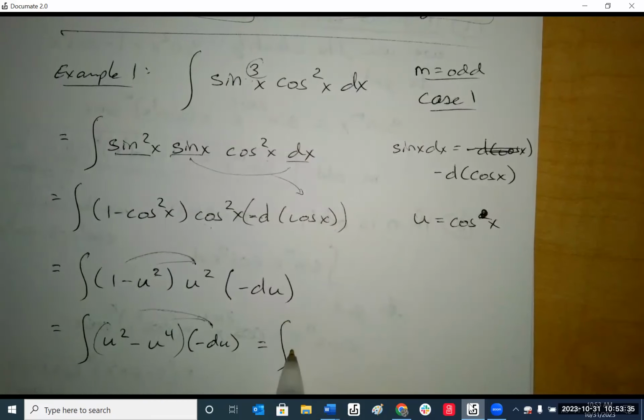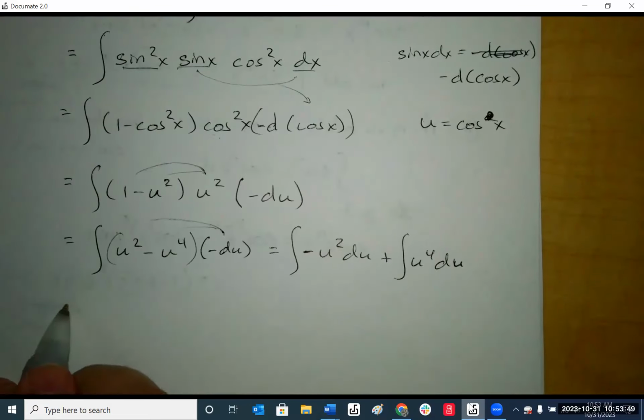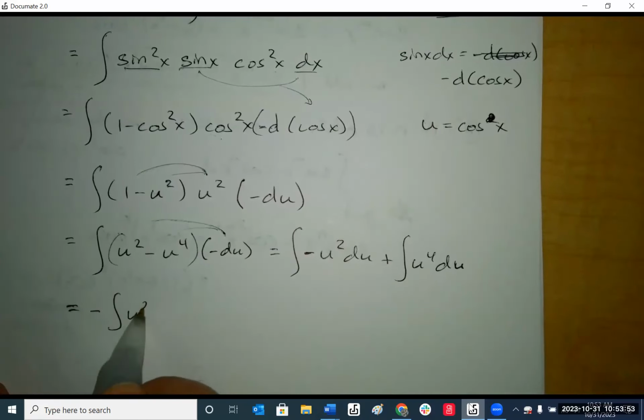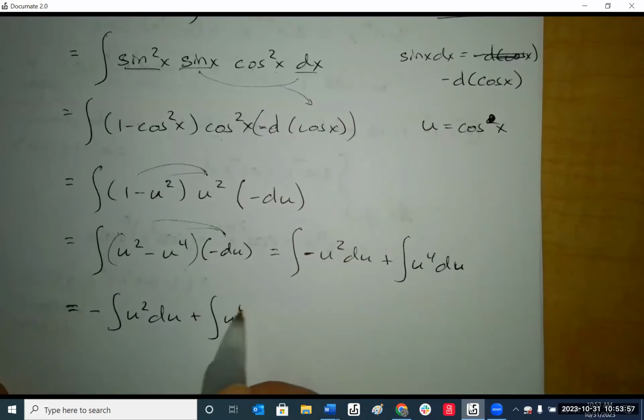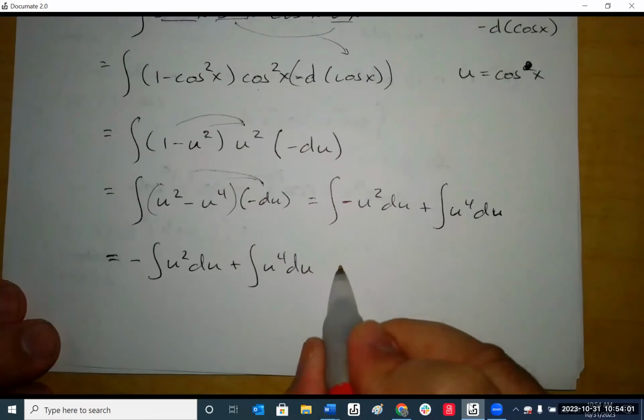So I have negative u squared du plus u fourth du, which makes it negative u squared du plus u to the fourth du. And that comes to the easy part.